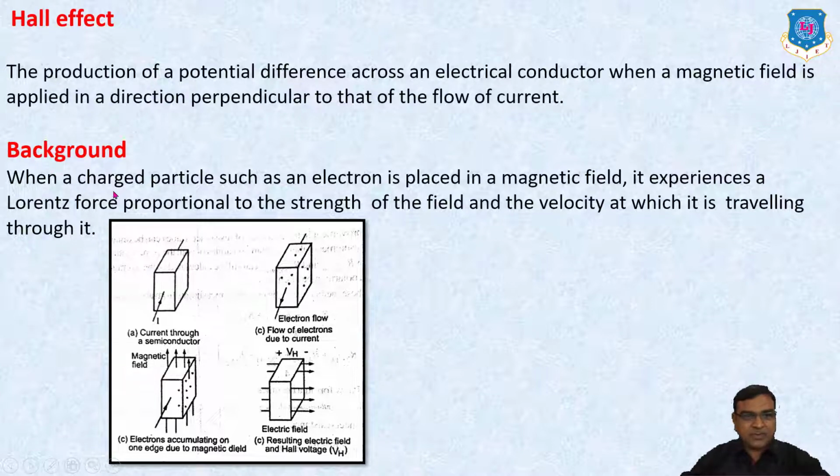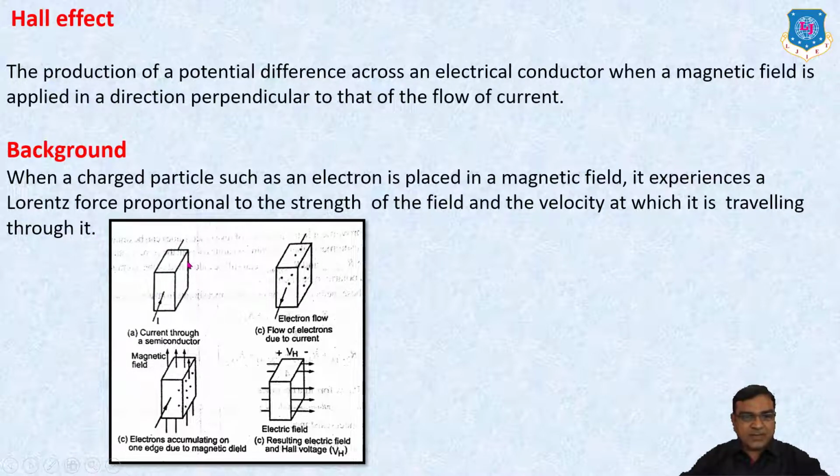So background: when a charged particle such as an electron is placed in a magnetic field, it experiences a Lorentz force proportional to the strength of the field and the velocity at which it is traveling through it.